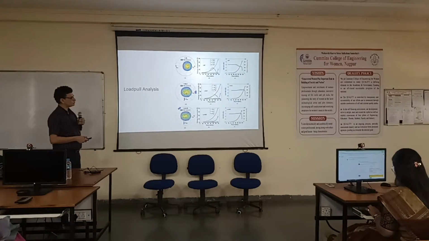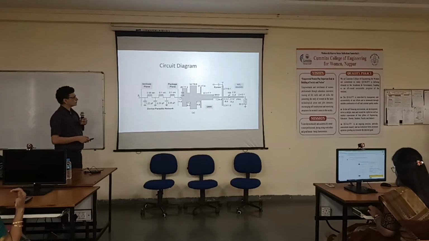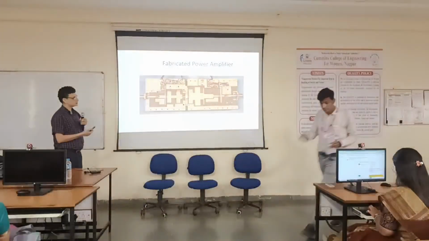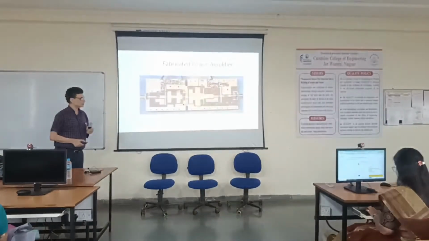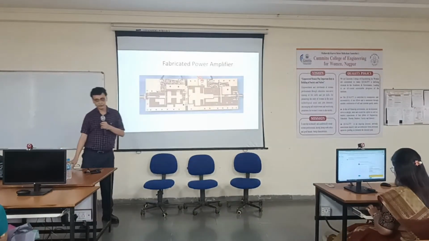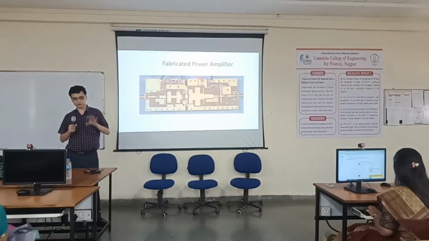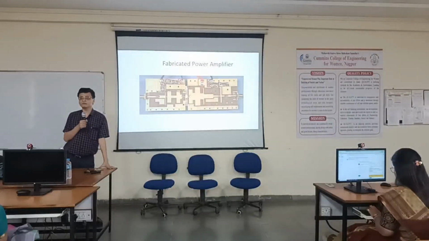This is again the way we select the load from the load pull analysis. This is the actual circuit, and this is the final power. I agree that this is not simple, but this is the way it has to be done.